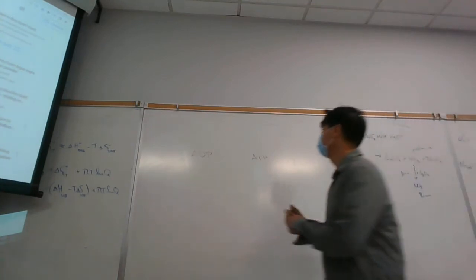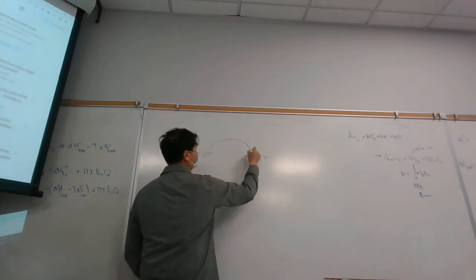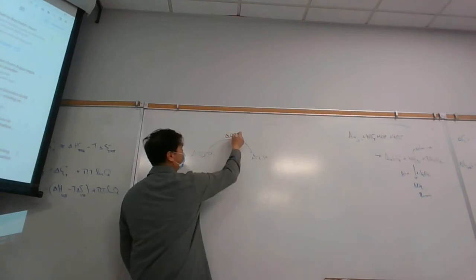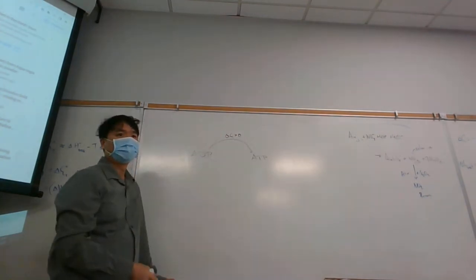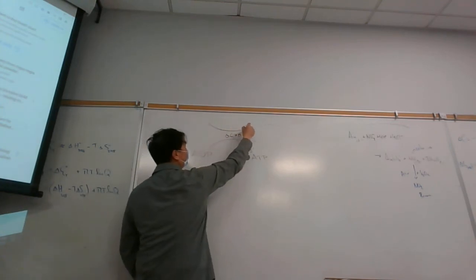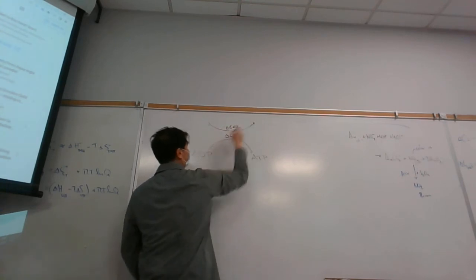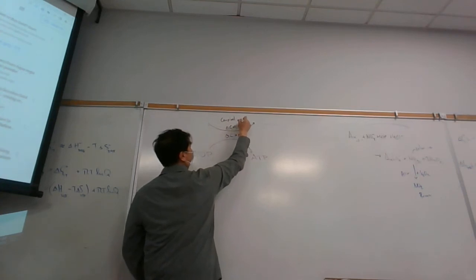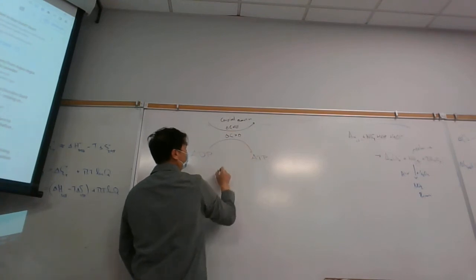ATP made is, this is unfavorable. And so here, delta G is greater than 0. But what you can do is you can couple this reaction with something else. If you couple this reaction with a reaction that has a delta G less than 0, at the same time, this is called a coupled reaction, which is favorable, then the overall, the net process can be delta G less than 0.